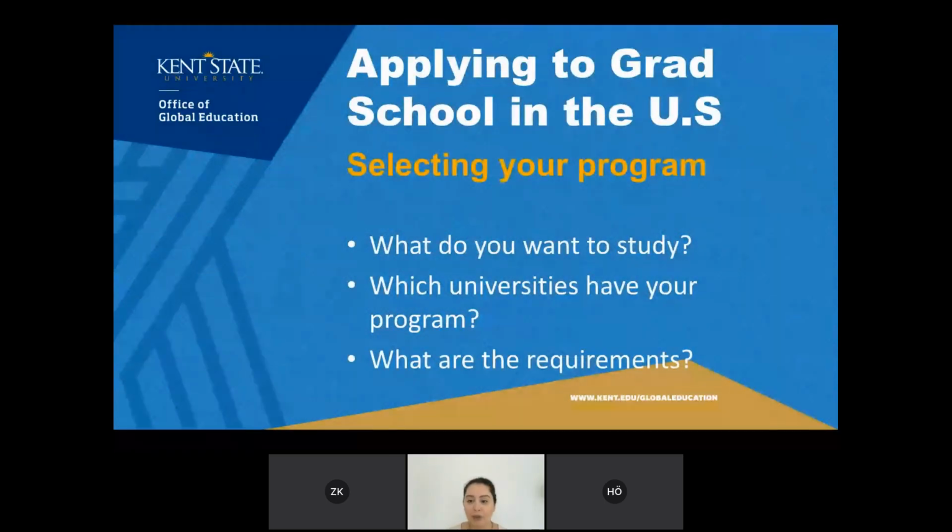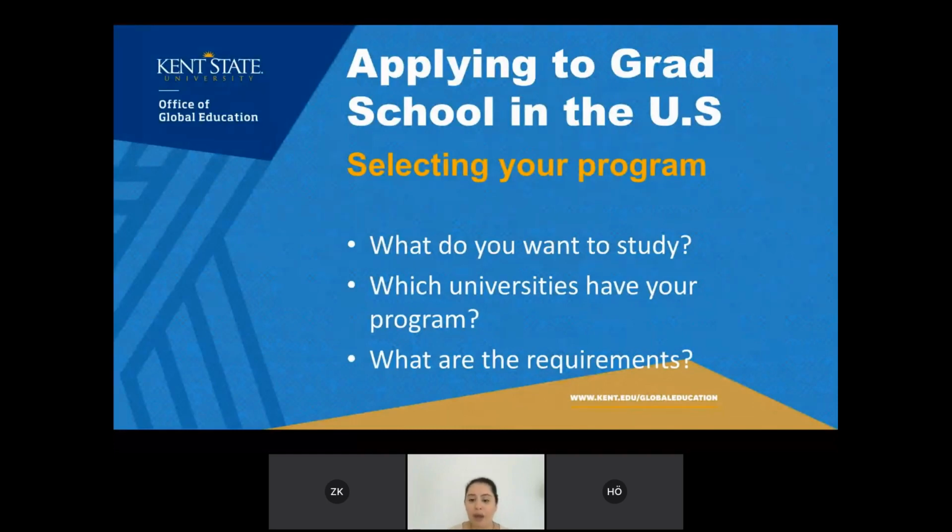What is it that you would like to study in the US, and which universities have your program? A lot of times students have a dream to attend a particular university. However, maybe that university does not have the subject that you're interested in studying. So always make sure that you identify the subjects you want to study, then the university.